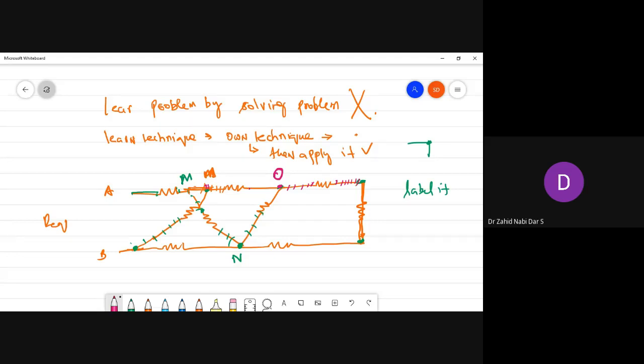So let this be X. Now there is a resistance over here, so this point will definitely change. This becomes Y, and this Y point will remain till here. Now I see there is an N point over here, N point still here. Now I have to calculate RAB.